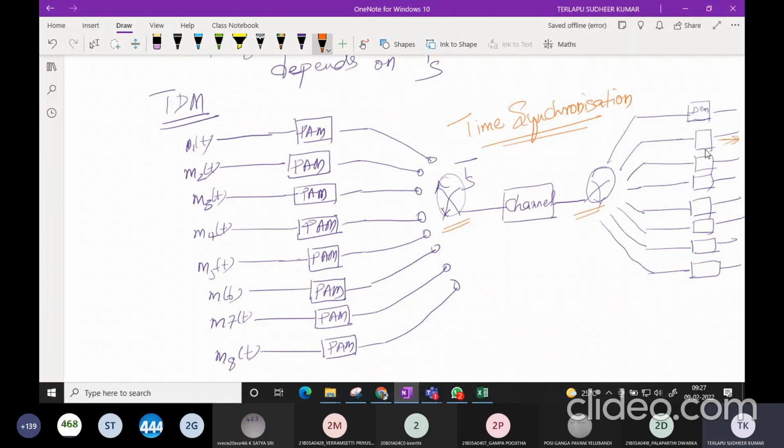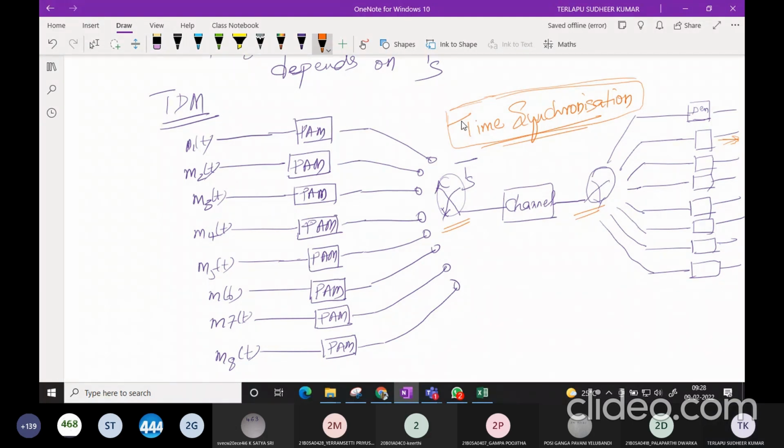It should not happen. So proper care should be taken with the time synchronization at both the transmitter end as well as the receiver end. Clear? Yes, sir. Okay.